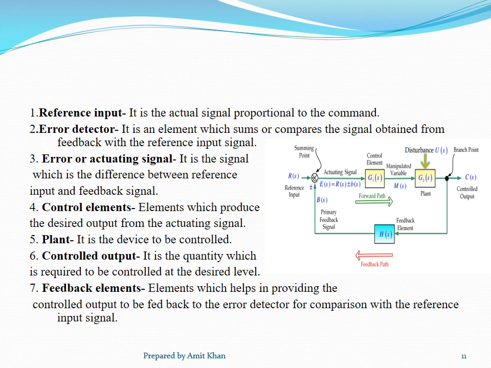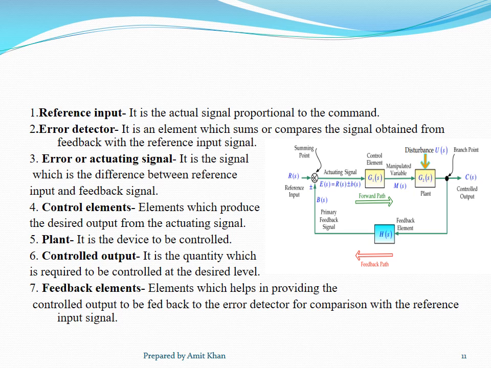Here are the elements of a feedback control system. First one is the reference input. It is the actual signal proportional to the command. Then error detector. It is an element which sums or compares the signal obtained from feedback with the reference input signal. Then is error or actuating signal. It is the signal which is the difference between reference input and feedback signal.